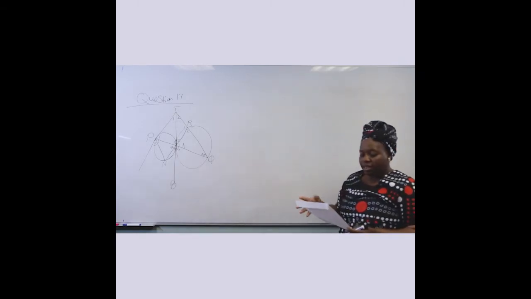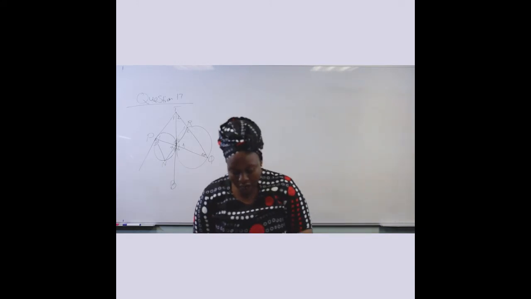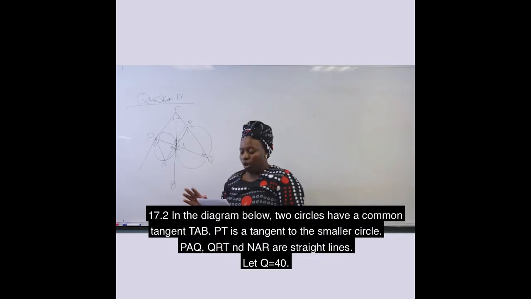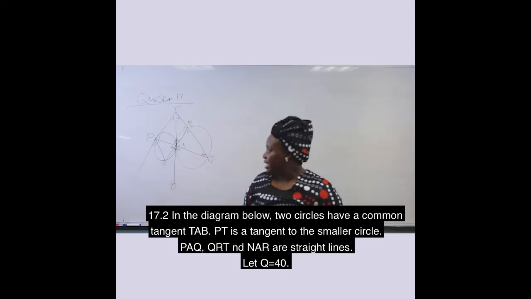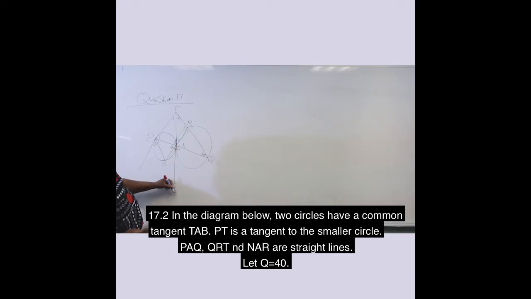As usual, we must go back to our information, meaning we go to the content given. In other words, you have to go back to the instruction before you can answer the questions. They said in the diagram below, two circles have a common tangent, TAB. So this is our tangent.